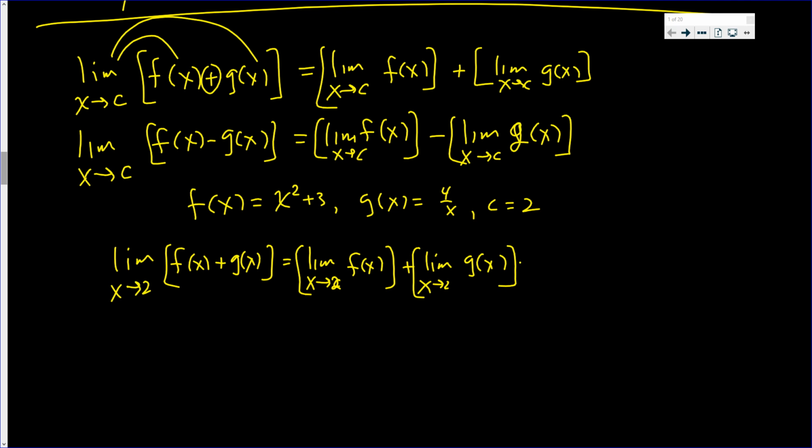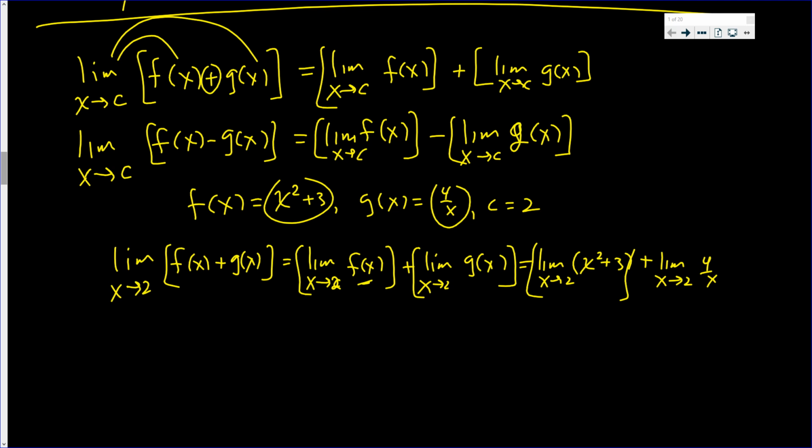Well, this is the limit as x goes to 2 of f of x, which is x squared plus 3, plus the limit as x goes to 2 of g of x, which is 4 over x, and calculate these two separately, and in the end, add them together.